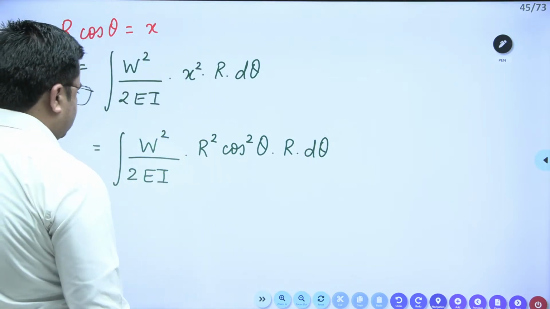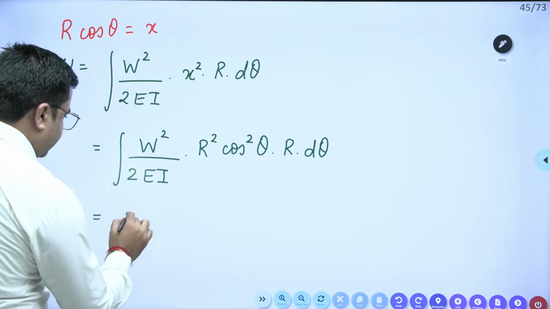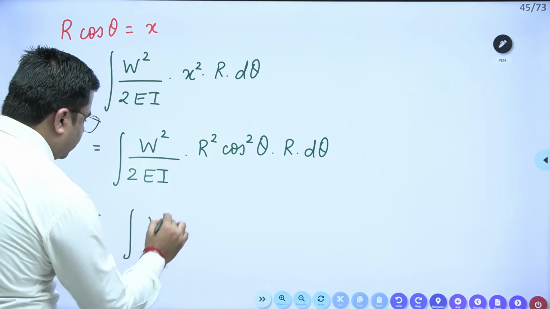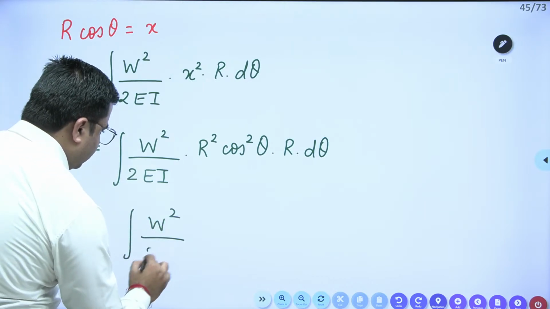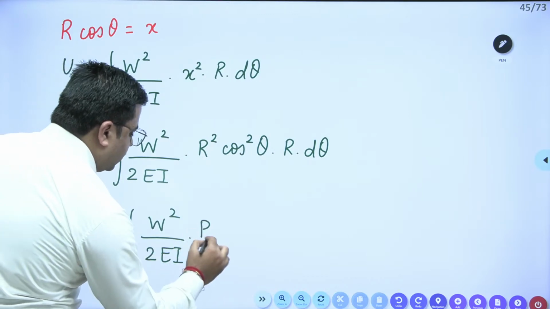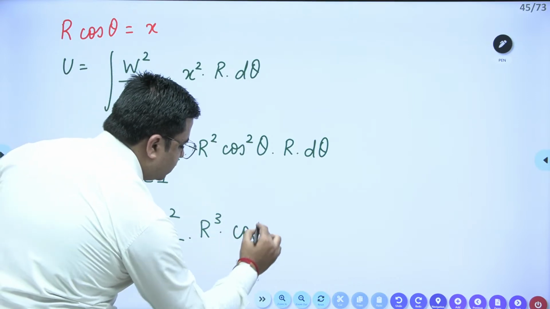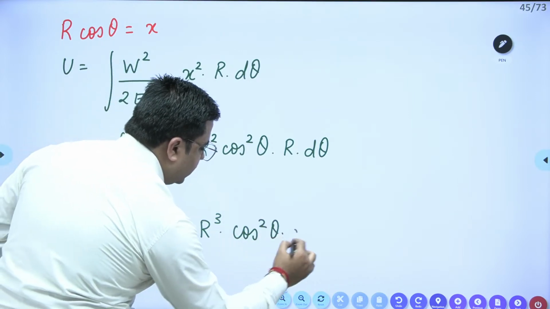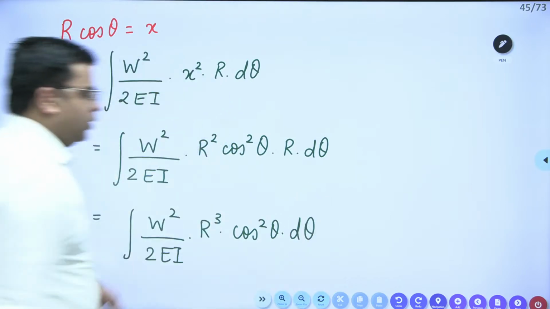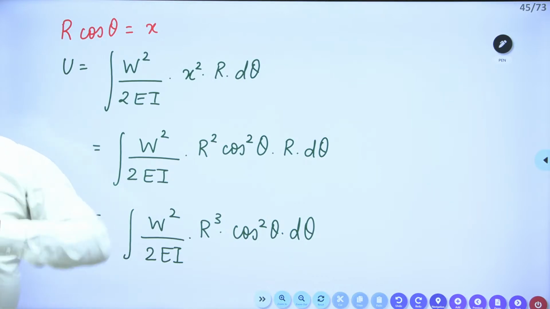So this is integration of W square upon 2EI into r cube into cos square theta into d theta. Quickly get me the value of cos square theta.